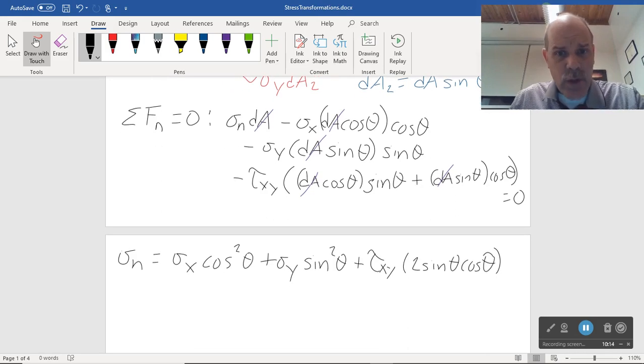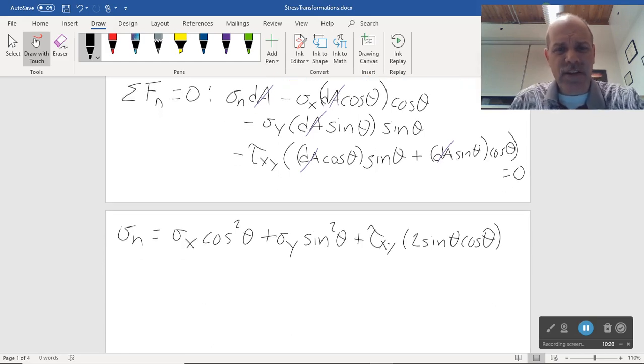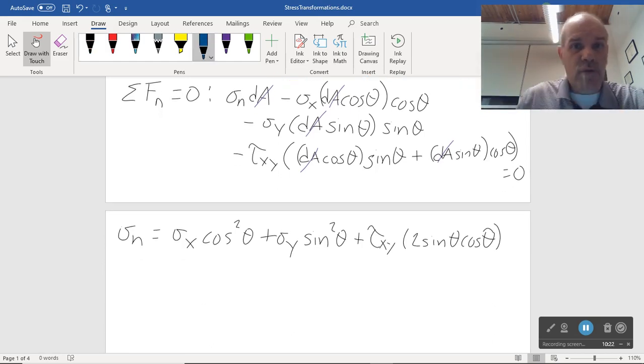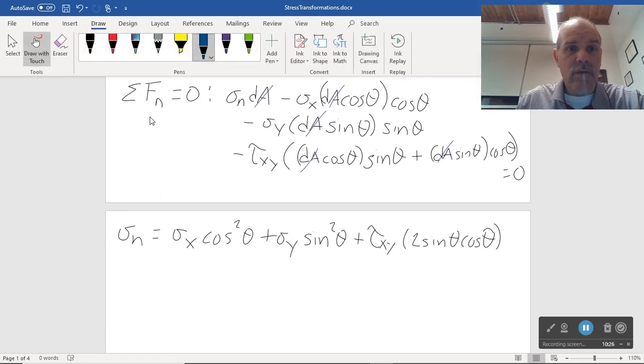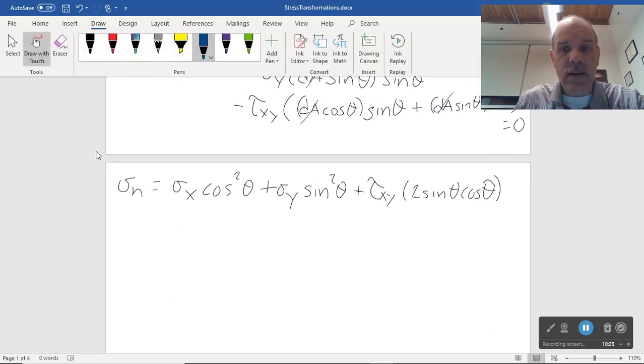And I technically have an equation for sigma n, but not one that lets me introduce any intuition to this whatsoever. I'd rather have a more natural, intuitive equation. Here's where some light trigonometry comes in. What we can prove, if you remember some trig identities, and really what it takes of all things is sine squared plus cosine squared equals 1, which everyone seems to remember if you're going to remember any trig identity.